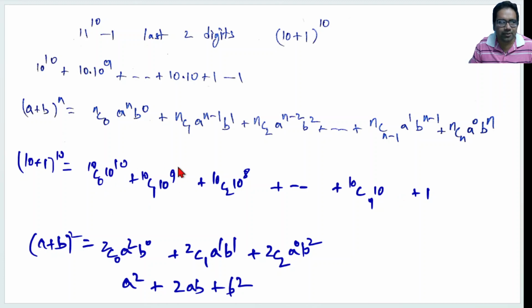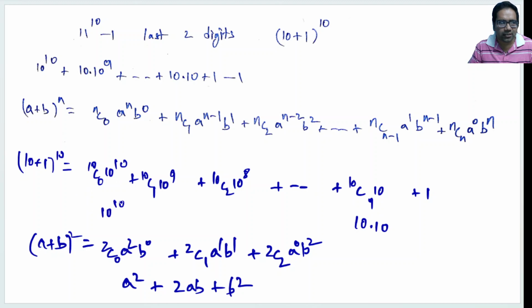The terms are 10 power 10, 10 power 9, 10 power 8, up to 10 square and 10, along with some numbers 10C0, 10C1, whatever. If you observe all of this, what is 10C9? 10C9 is also 10, this is the last one. 10C9 is 10, 10C1 is 10, and 10C0 is 1.